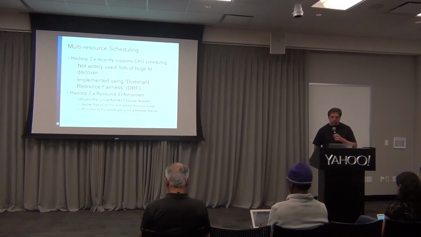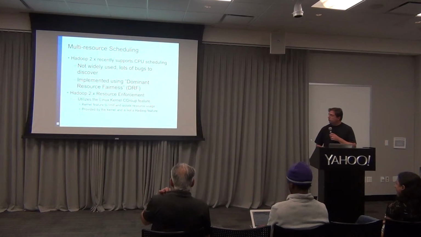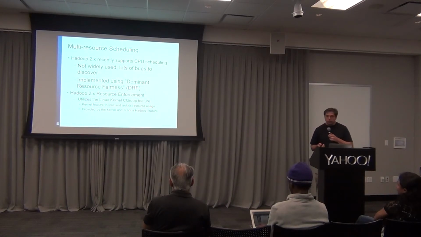It implements the dominant resource fairness algorithm, which basically looks at both CPU and memory, the way it's been implemented in YARN. It looks at both CPU and memory, and whichever resource is used more of, it weights against that. So it works a little better in that it takes into account other resources. Unfortunately, this doesn't implement enforcement.